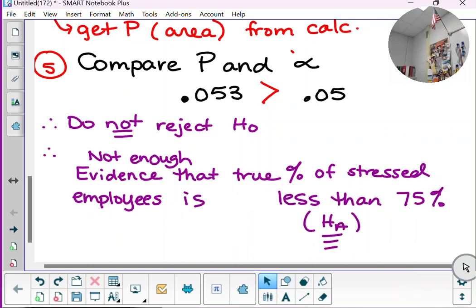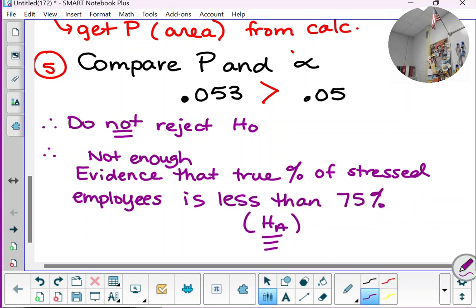Sorry. I was so excited to be done, I went mental. Okay. We don't reject, there's not evidence. We do reject, there is evidence. It's kind of easy if you think about it that way. Either we're not going to reject H sub O, there's not evidence for H sub A, or we are going to reject H sub O, there is evidence for H sub A. So it's either not and not, or yes and yes.